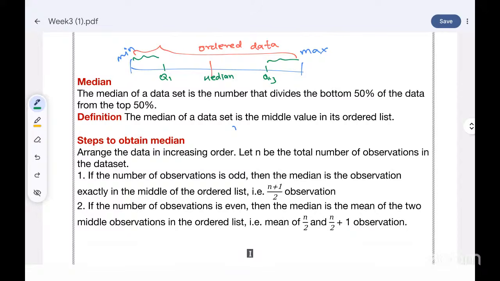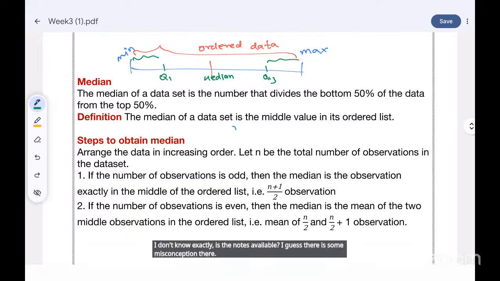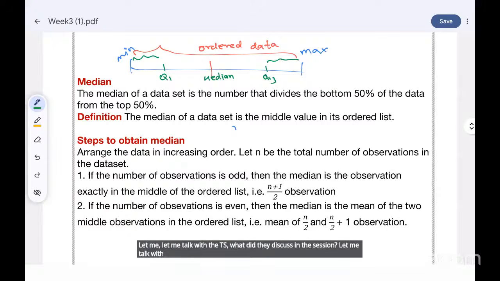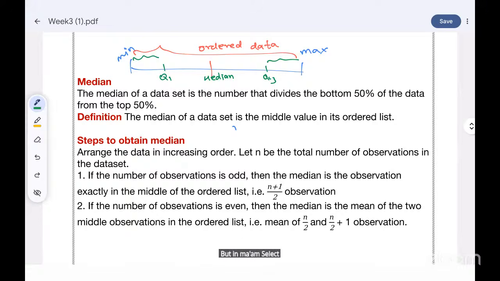I don't know exactly. Are the notes available? I guess there is some misconception. No, he told it in today's session. But let me talk with the TAs. What did they discuss in the session? Let me talk with them. In ma'am's recorded lecture, she is clearly saying that the median is least affected by outliers.